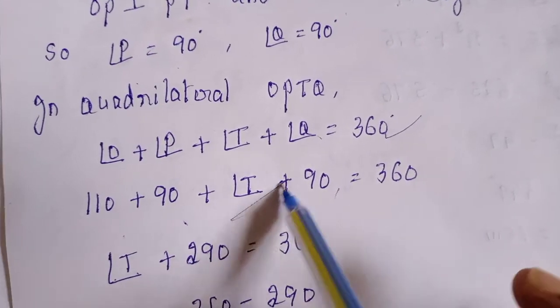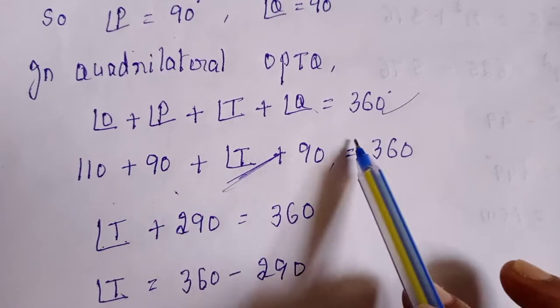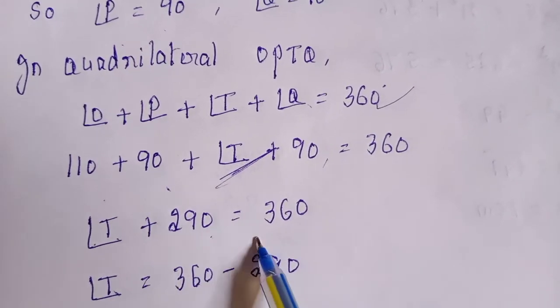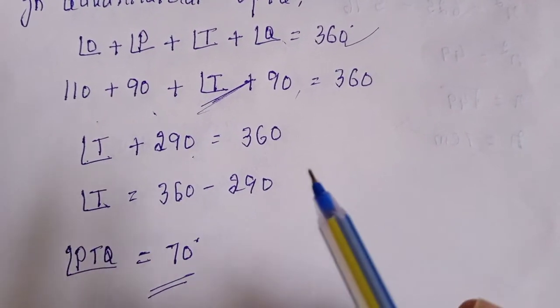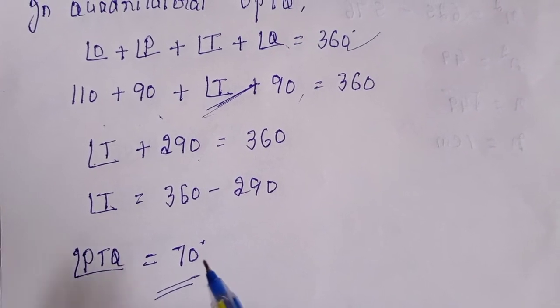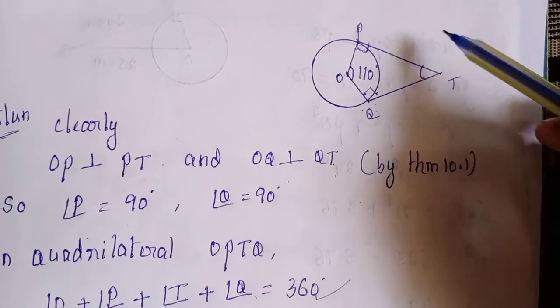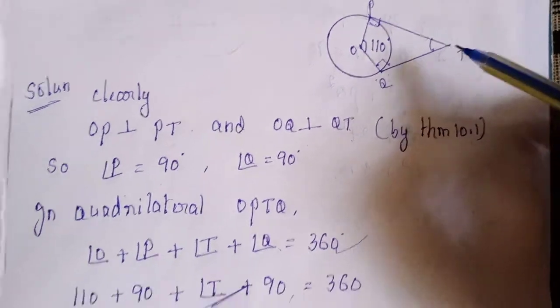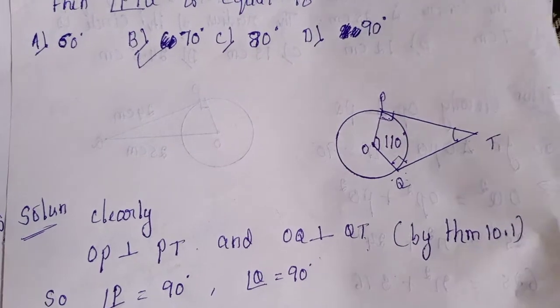I should find angle T. Add all this: 110 plus 90 plus 90 becomes 290, equal to 360 minus angle T. So angle T equals 360 minus 290. Angle PTQ equals how much? 70 degrees. So by applying the sum of angles in a quadrilateral, I got the 4th angle as 70 degrees. Which option is correct? Option B is correct, which is 70 degrees.